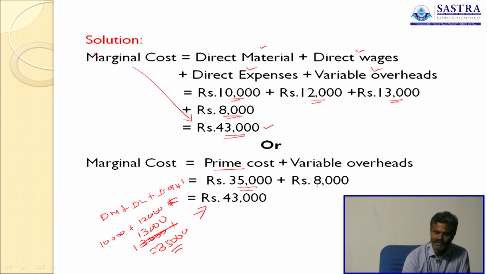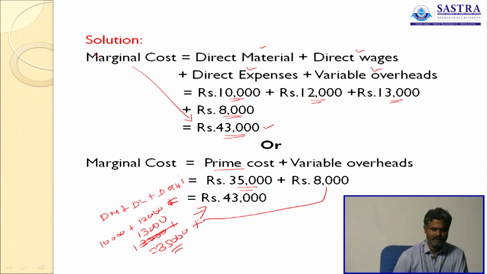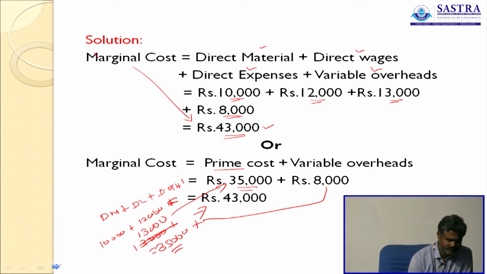Then you add variable overhead 8,000. This is called marginal cost. So now we get the answer: marginal cost is rupees 43,000. That's all.